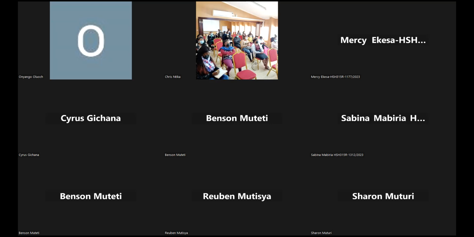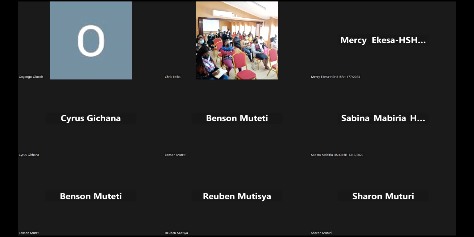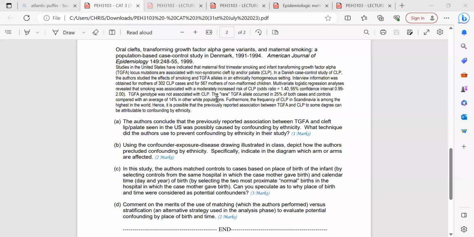You were saying in that diagram that smoking is a confounder. No, smoking is the exposure, so we put smoking at the top. Why? Because of what we are told in the literature.